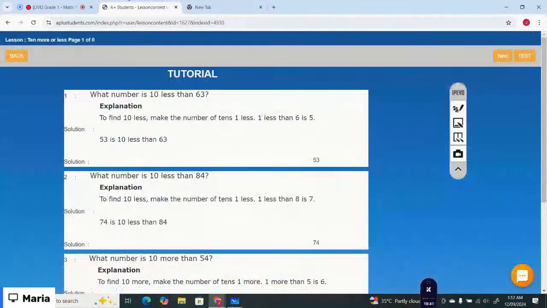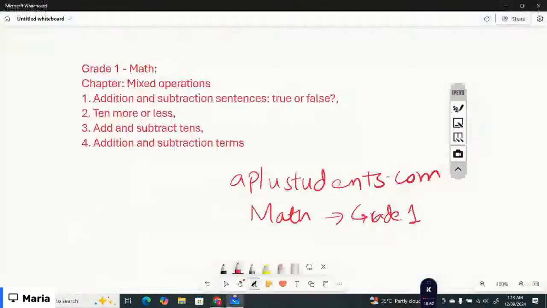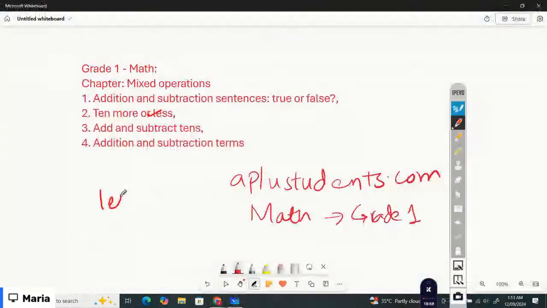Okay, let's start with the first example. Which number is 10 less than 63? You are given two words here, less or more. Let's understand the concept of these words first, and then we'll start with the lesson. Less means a number is less than another.